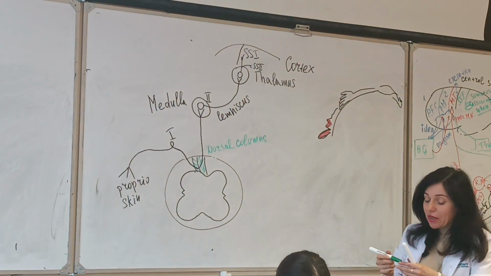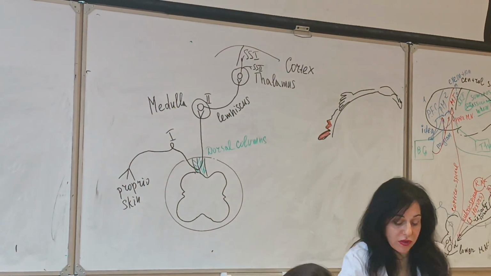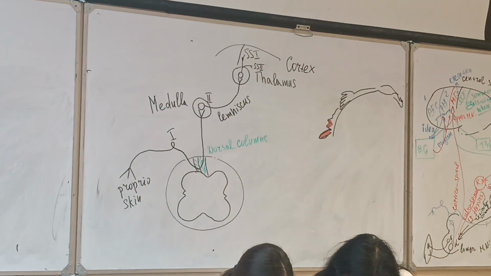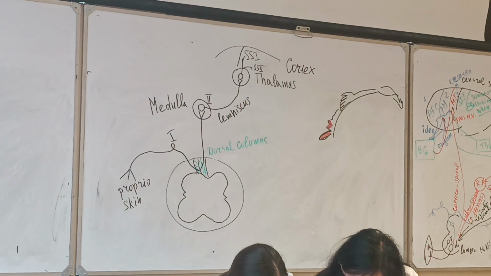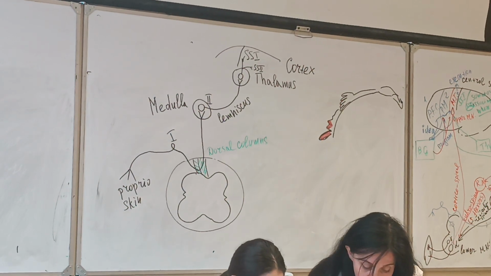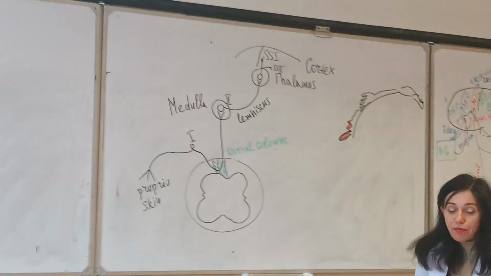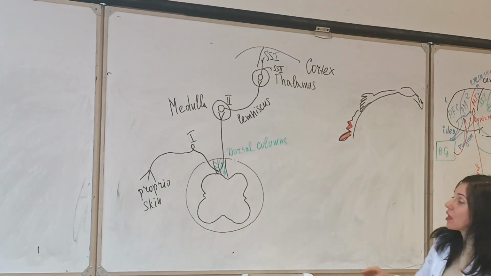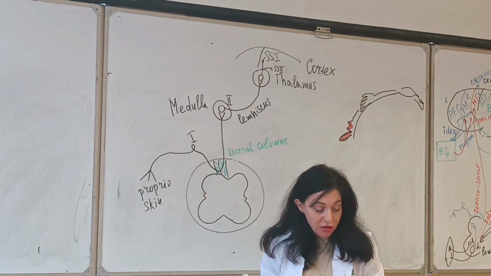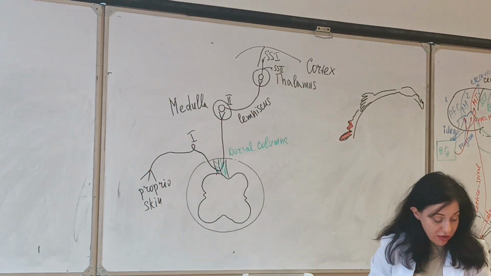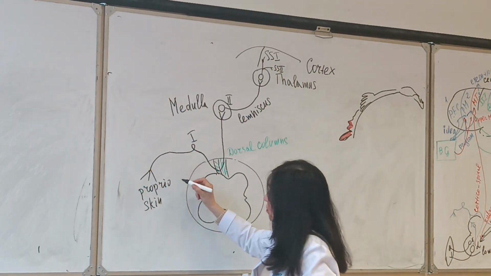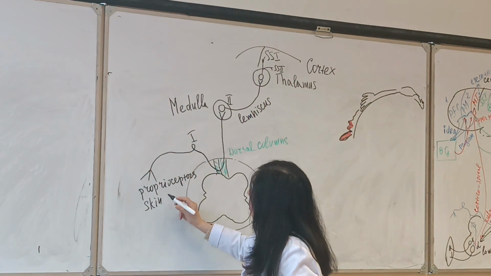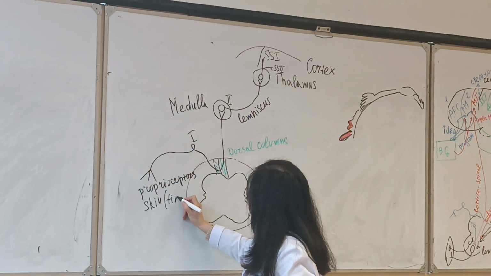Then spinothalamic. Actually, what is this? Proprioceptors and skin receptors. Proprioceptor in muscle spindle. Skin receptors, fine touch.